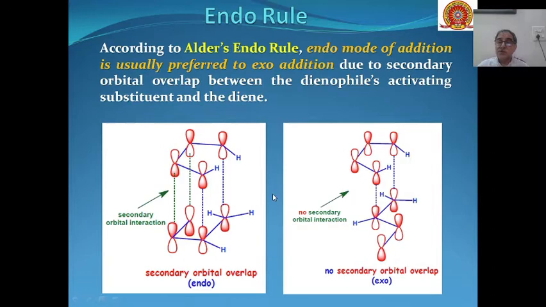Because here you will have more interaction, secondary orbital overlap will be higher in comparison to exo. That is why the endo product is preferred over the exo product, and this is called Alder's endo rule.